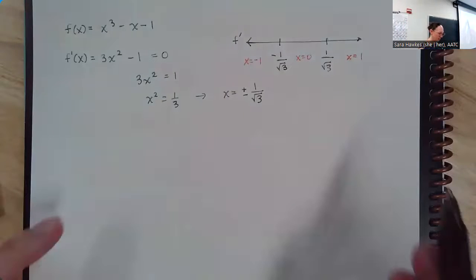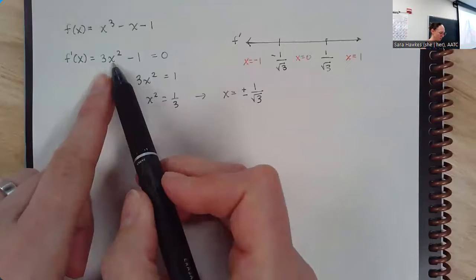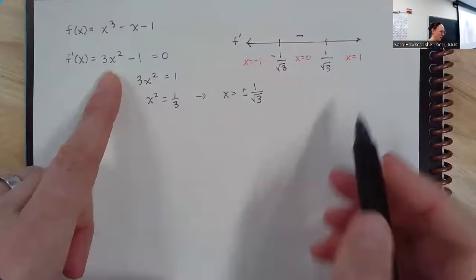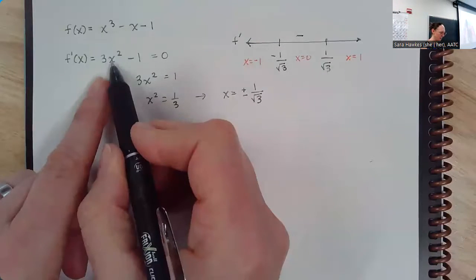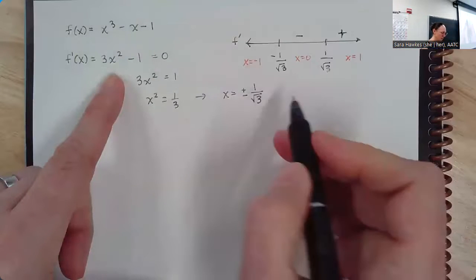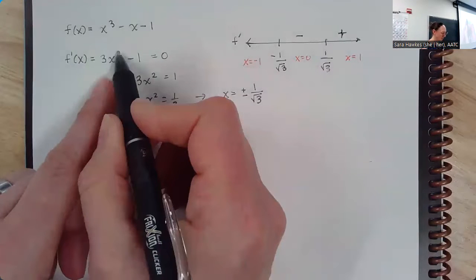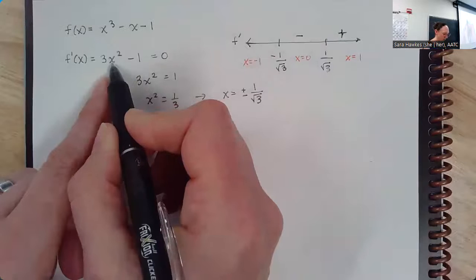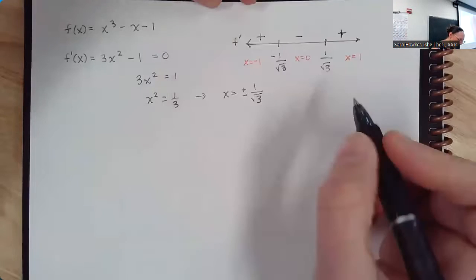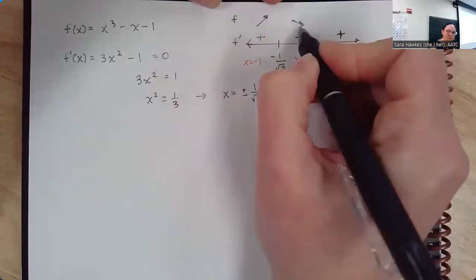If I plug in 0 into the derivative, I've got 0 minus 1. Well, that's negative. If I plug in a positive 1, then I've got 3 times 1 minus 1, that's positive. And if I plug in a negative 1, don't forget I'm squaring it first. So negative 1 squared becomes positive. And then I've got 3 minus 1, which is positive, which tells me that my function is going up and then down and then back up.